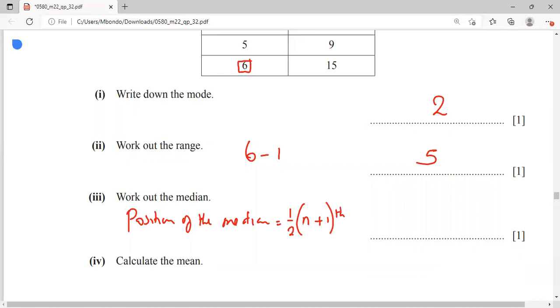So we have 1 over 2, and what is n? How many times? 80 plus 1. What do we get here? This is going to give us 40.5. So this is the position where the median lies, on the 40th.